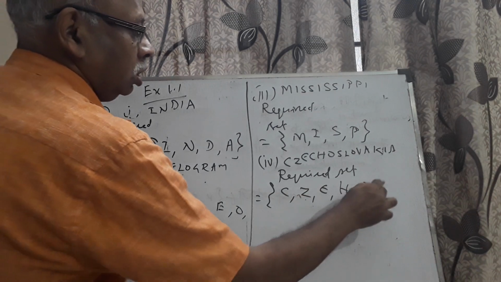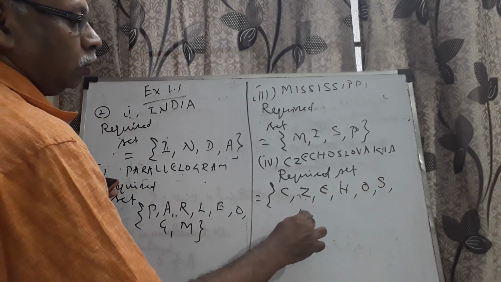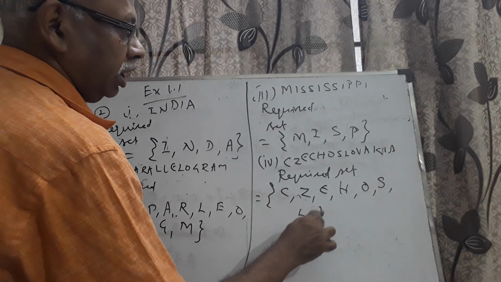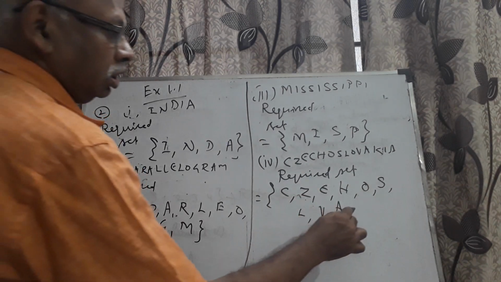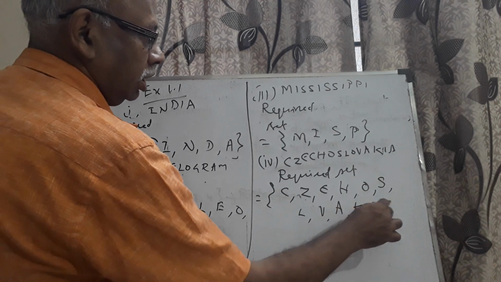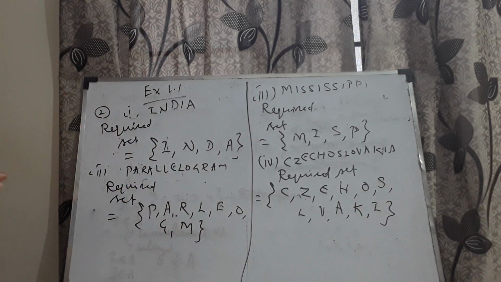H, O, S, of course L, I need not write O again. V, A, then K, then I. I repeat: C, Z, E, H, O, S, L, V, A, K, I. Those are the letters used to form the word Czechoslovakia.